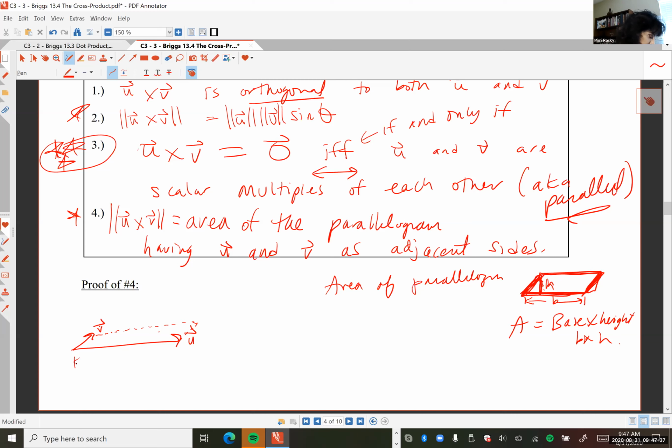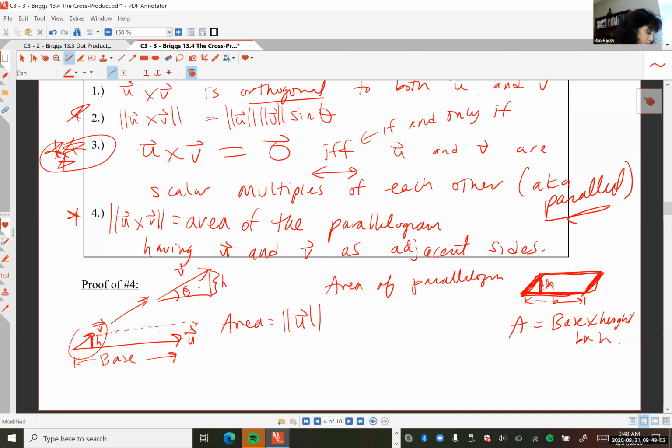So my parallelogram here, I have the base. So my area is going to be the area of the base, but that's the magnitude of U. So if I drop a perpendicular down right here, this H right here is my height, but how do I get it? If I blow this triangle up a little bit, so here's the V vector, and here's this H that I wish I had.